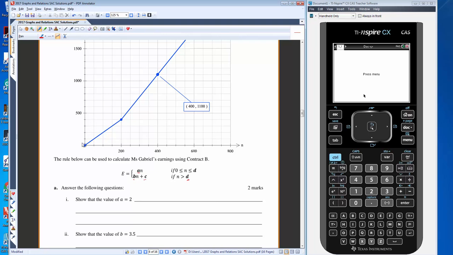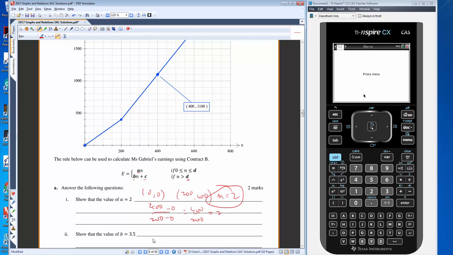To show the A value, you calculate the gradient, using the coordinate points 0, 0 and 200, 400, and show that y2 minus y1 gives m equals 2. So you needed to do 400 take 0 over 200 take 0 equals 400 over 200 equals 2, to show that was the value.